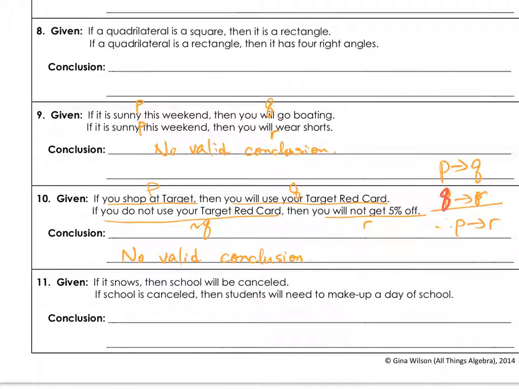So let's look at number 11. If it snows, then schools will be canceled. If school is canceled, then students will need to make up a day of school. So if snows is my P, then school will be canceled. It's my Q. Then I have if school is canceled, here's my Q. Then I have a third statement. So in a way, this is easier.